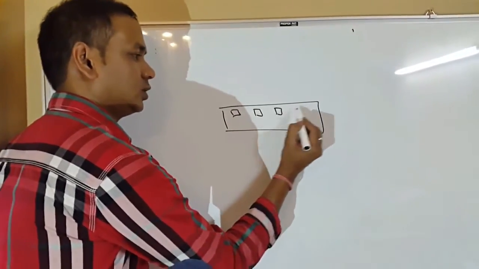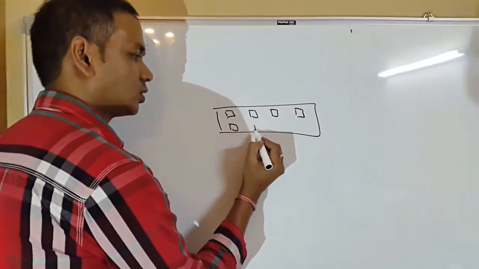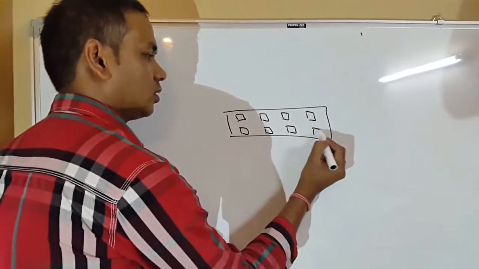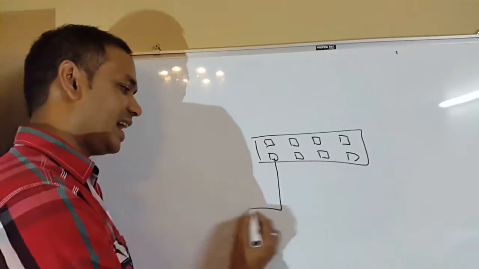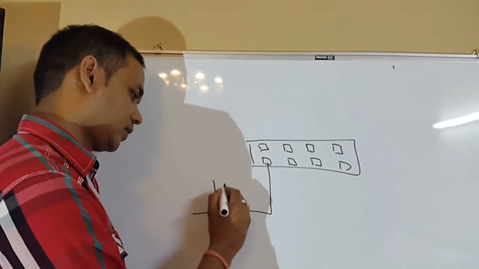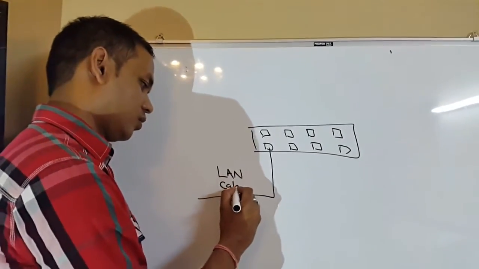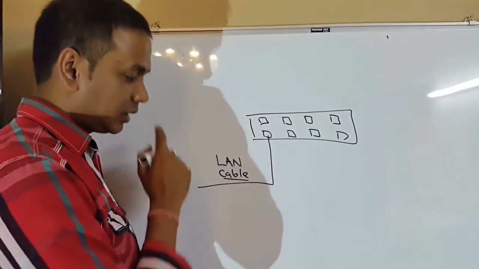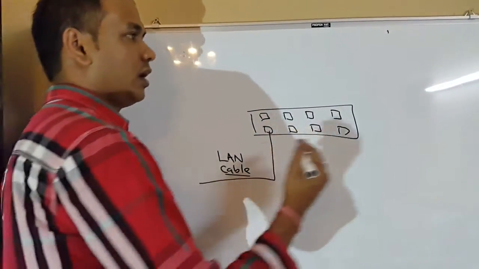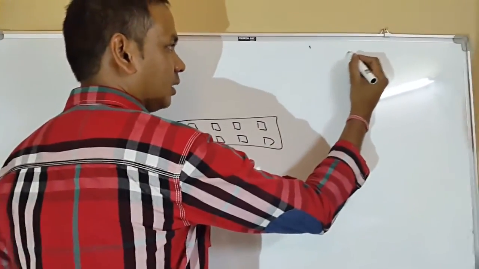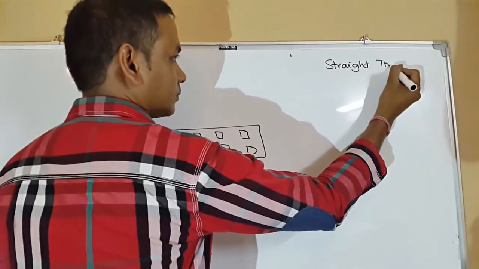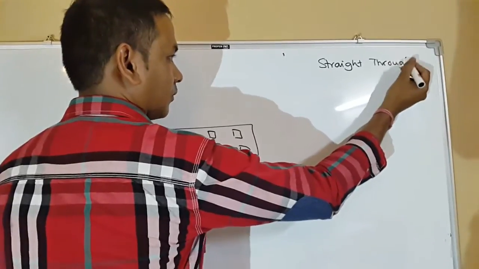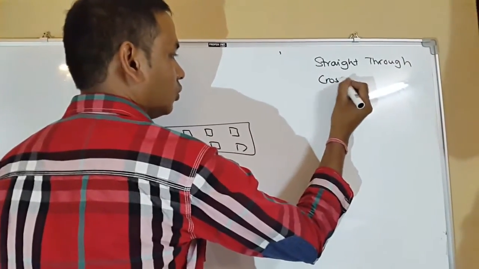Your switch is a switch of 8 ports. You want to build a very simple network. You take a LAN cable. Remember well, I explained to you in my previous video that there are different types of LAN cable. One is called straight through. One is called crossover.